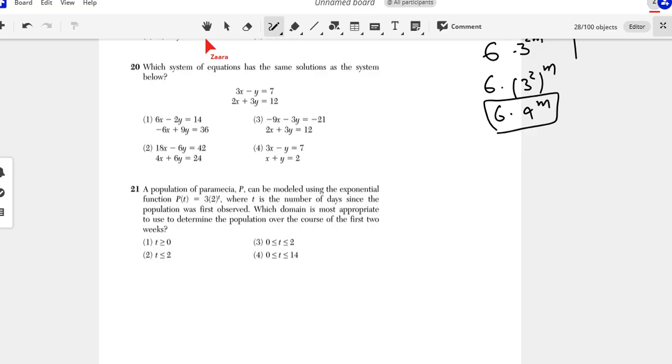Which system of equations has the same solution as the system below? For this one, I got D. You got B?